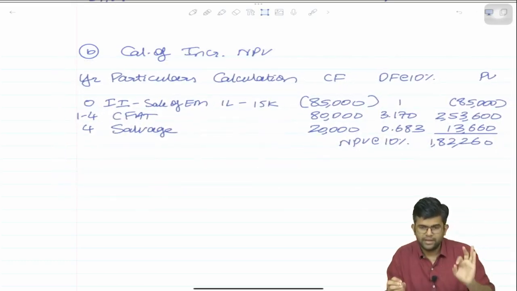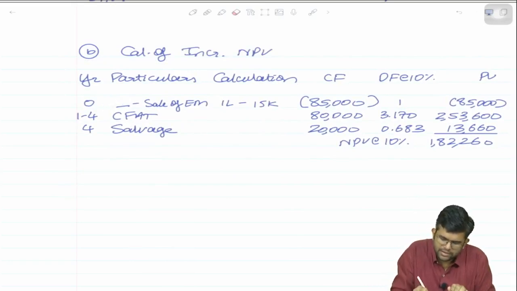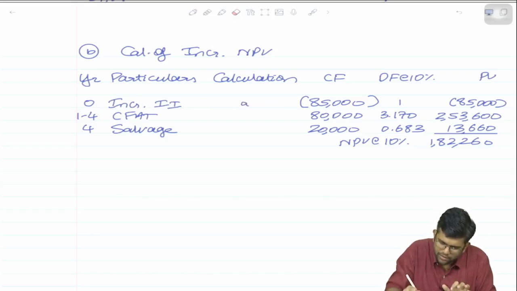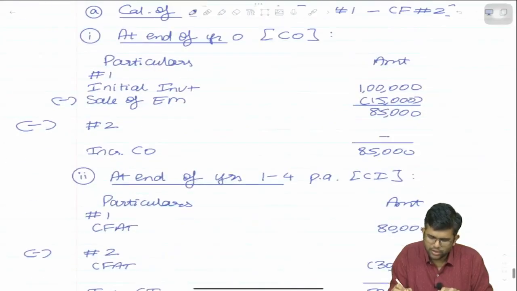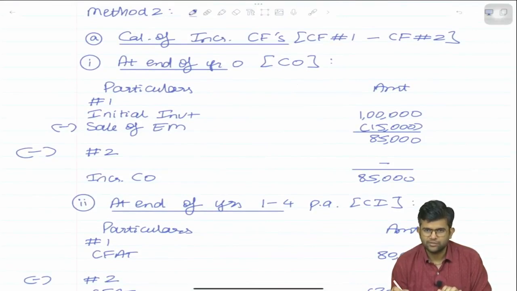Okay, ready? Now I will say that, okay, in year 0, I want to take incremental initial investment, which according to point number 1 above can I say we had got, according to point 1, incremental outflow was rupees 85,000 net of everything.